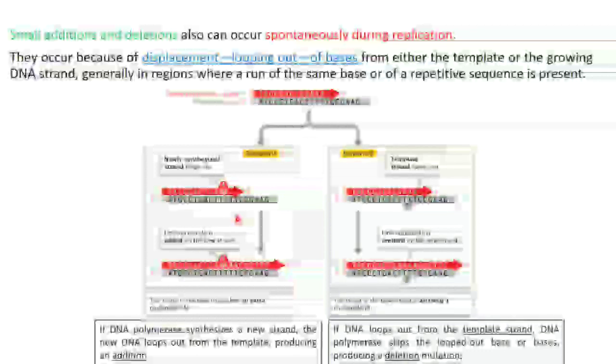One extra A appears, so it's an addition at the level of the newly synthesized DNA. So additions or insertions also can occur spontaneously during replication because of the displacement or looping out of bases from either the template, so we get a deletion, or in the newly synthesized DNA, so we get an insertion or addition.